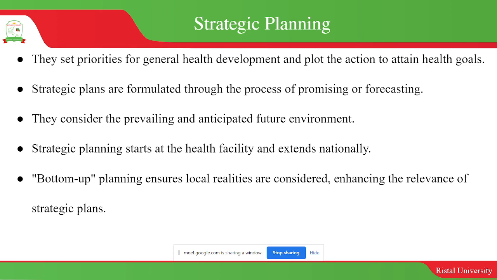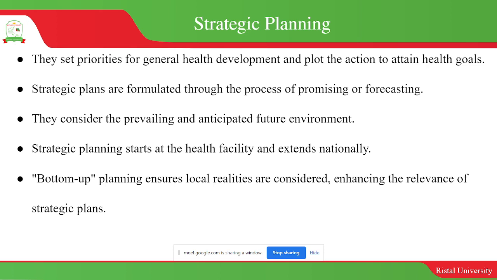Okay, you are basically forecasting. You're looking at what you want to get in future. Okay, and then you use techniques of basically anticipating what we have now and what we are likely to have in the future. So you anticipate how the future environment will be.